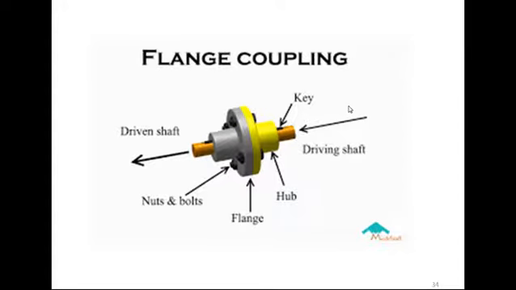This is the most important thing here. This is a driven shaft and this is a driving shaft. Whatever power is coming from this side goes and transmits to this driven shaft. So that's why the power is transmitted to another shaft.